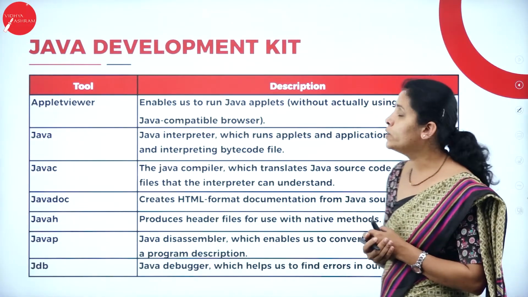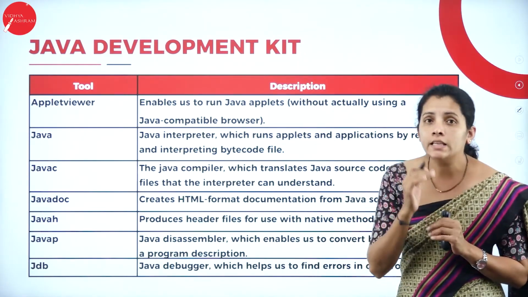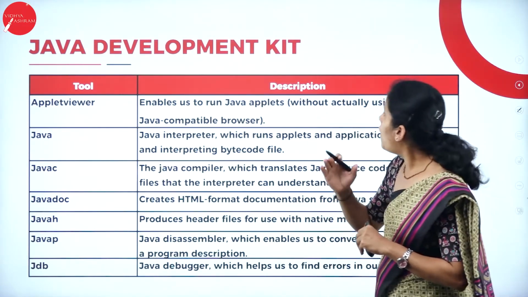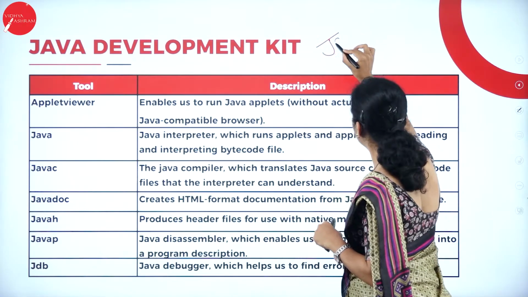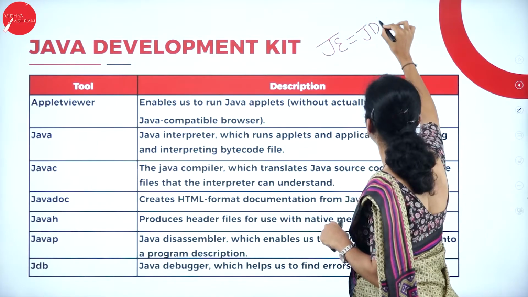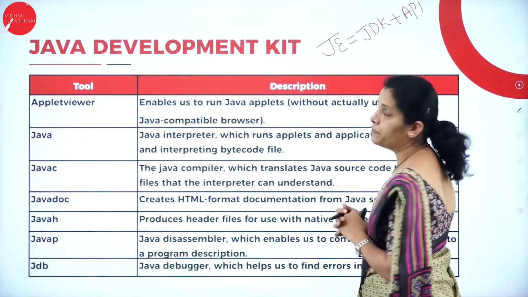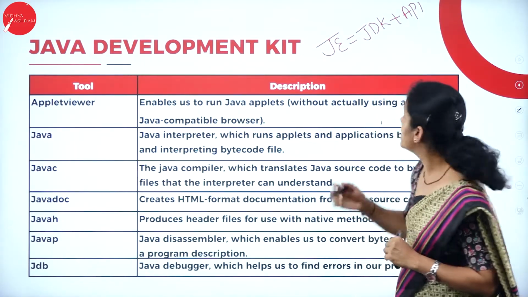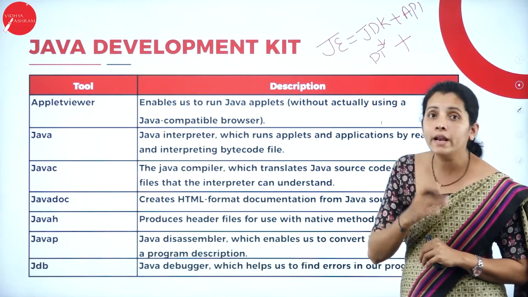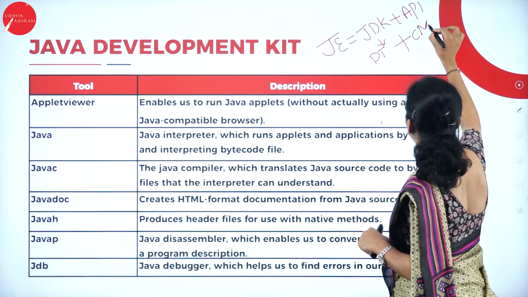Moving further, I'm going to have the Java Development Kit. It is nothing but the JDK. Dear student, just remember that the Java environment includes JDK plus the application programming interface. So what is JDK? Here JDK is nothing but development tools, whereas API is nothing but classes and methods.